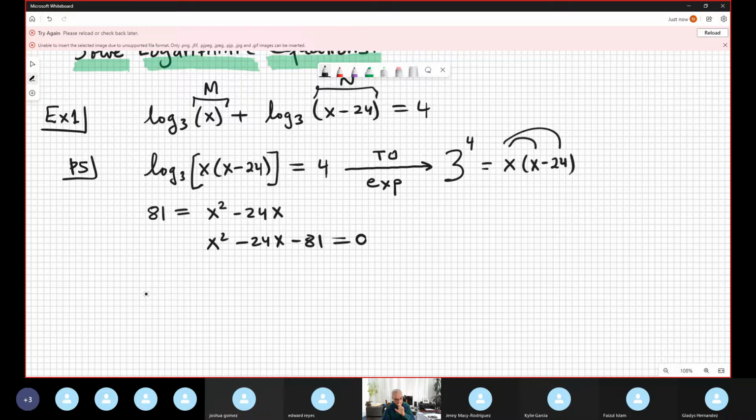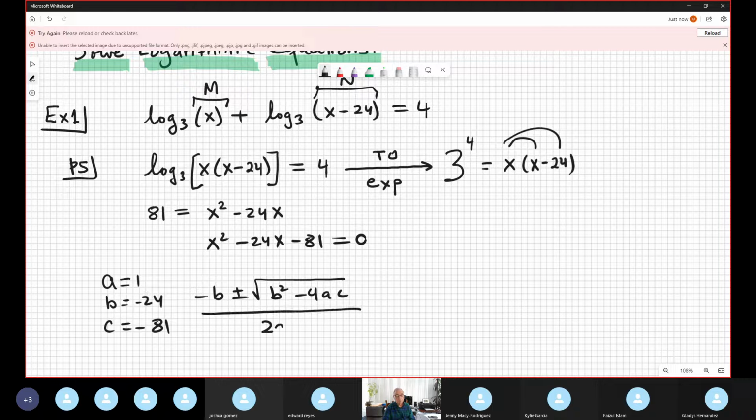Do you see the combination or no? No? Okay, no problem. If you don't see the combination, remember, actually the best way is to apply the quadratic formula. A is 1, B is negative 24 and C is negative 81. You apply the formula: minus B plus or minus the square root of B squared minus 4AC, divided by 2A.